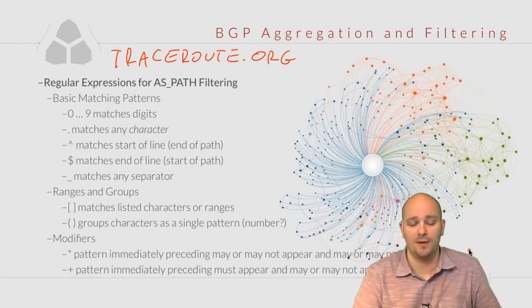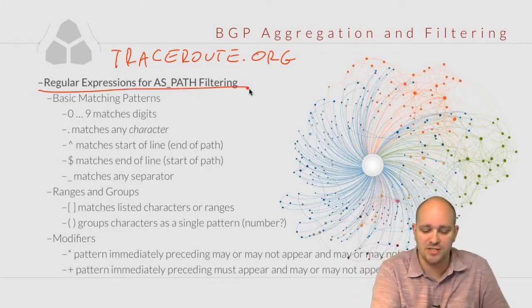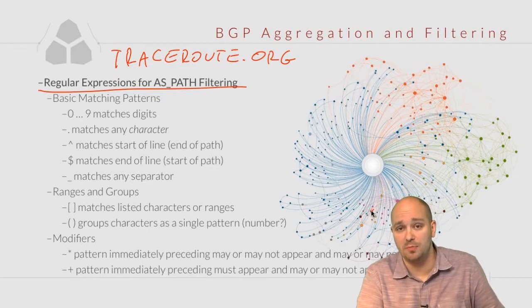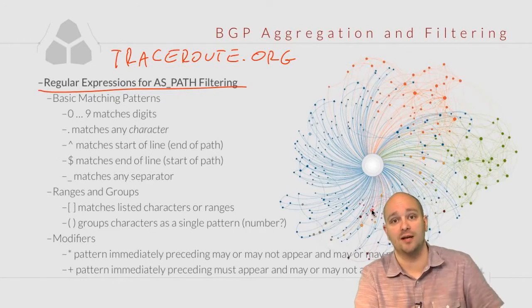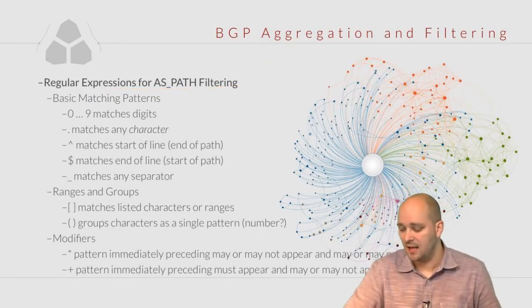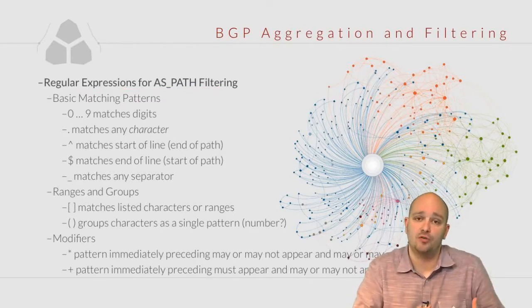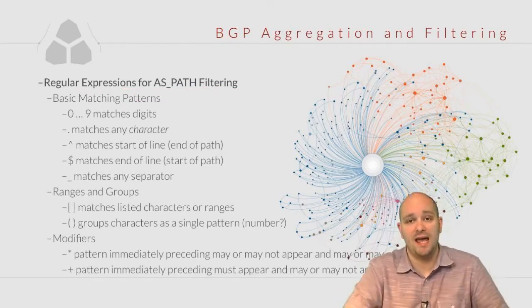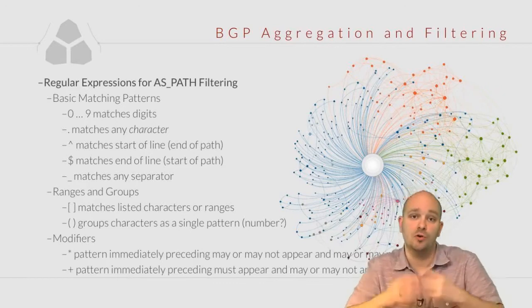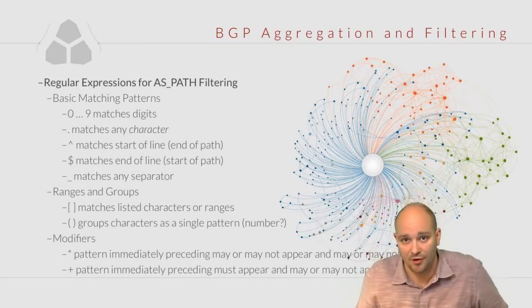And there is a BGP command that you can use to practice the regular expressions, which is show ip bgp regex, followed by the regular expression. So you can practice to figure out the routes that may have originated in a certain AS, or that have been learned from some AS, or that have been in transit in a particular AS.